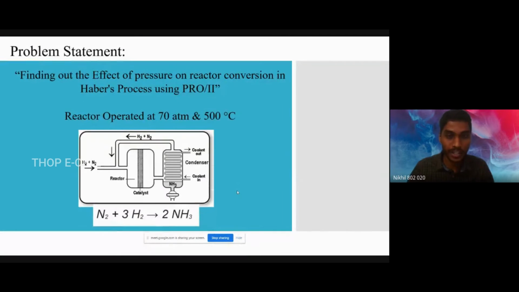We have considered this problem from an NPTEL illustration example, where the reactor is operated at 70 atm and 500 degrees centigrade.